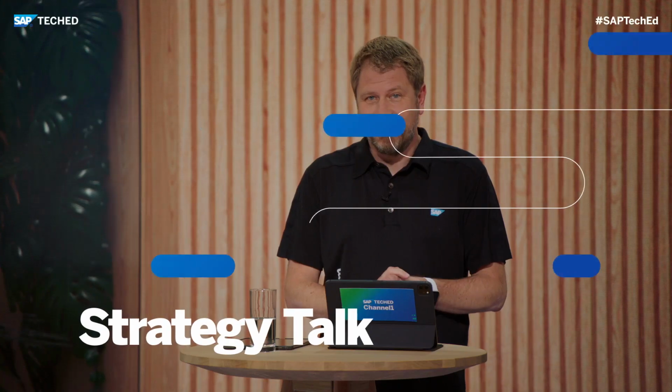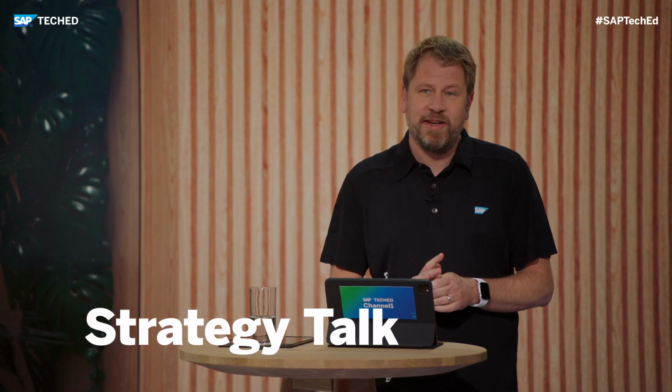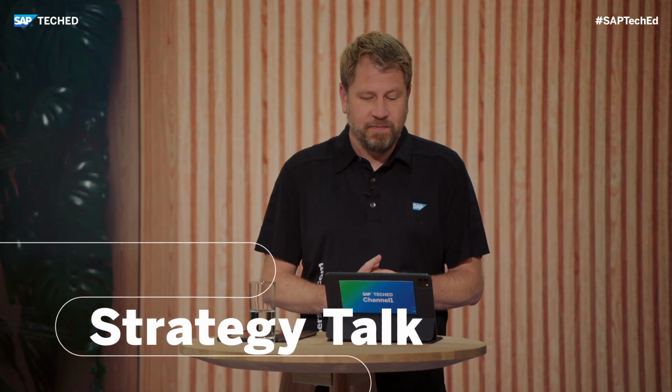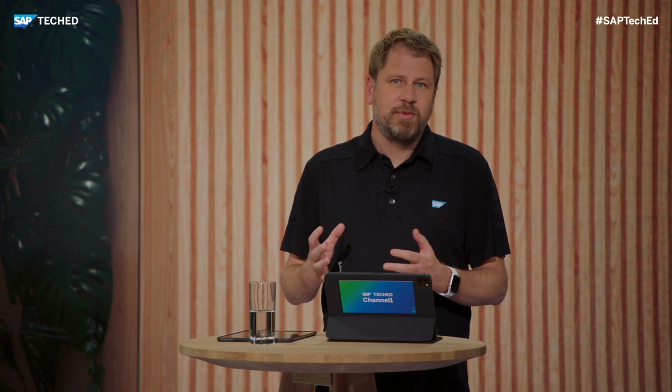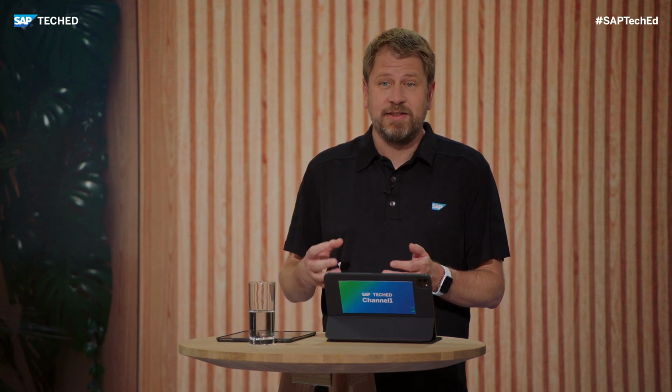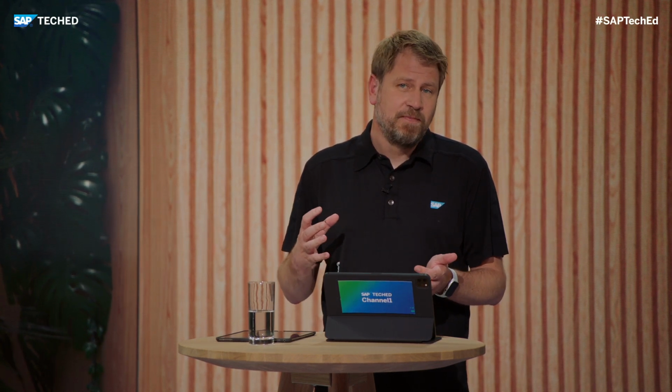So next up we have the strategy talk, and there's nobody better than Jan Gilg joining us. He's president of SAP S/4HANA, and he will go a little bit into, or definitely deeper into, why S/4HANA Cloud is the core of agility, flexibility, and a resilient, intelligent enterprise, looking into different scenarios as well.